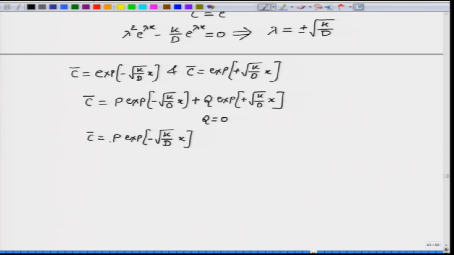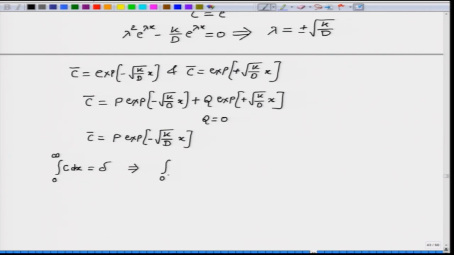And to find the value of p, we now use our second boundary condition. What was that? Integral 0 to infinity c dx is equal to delta. Again we take Laplace transform on both sides.